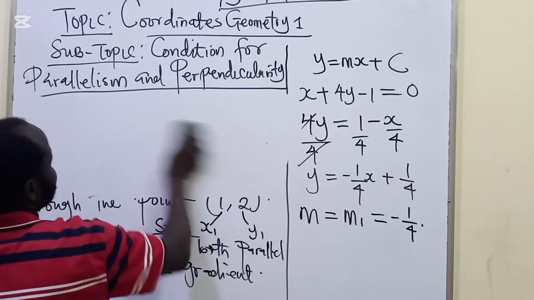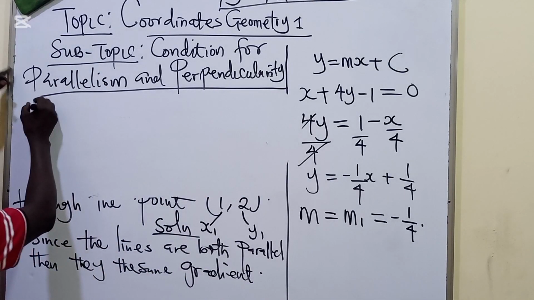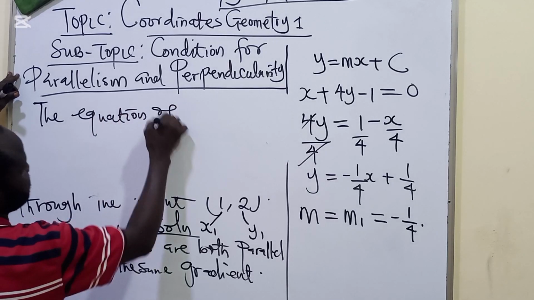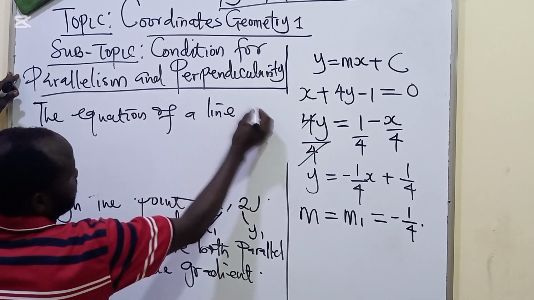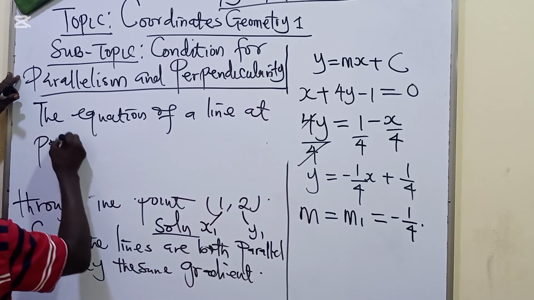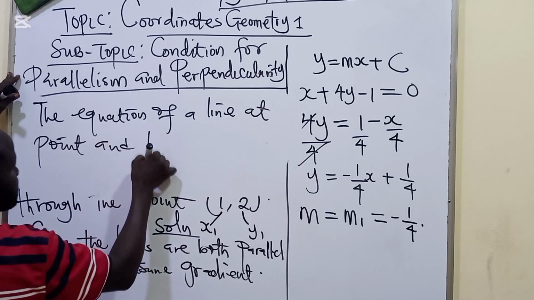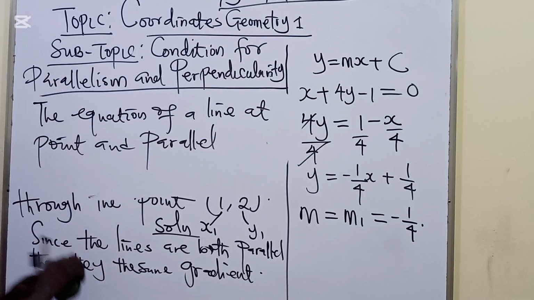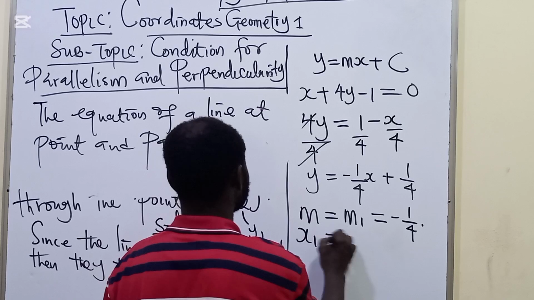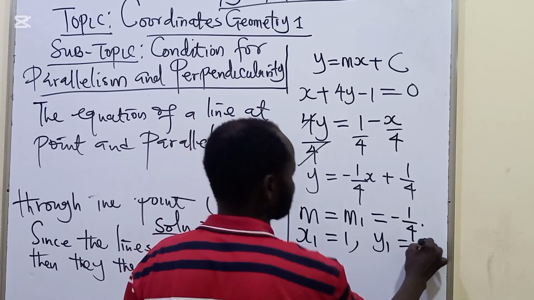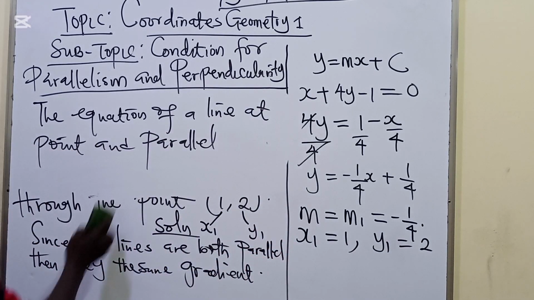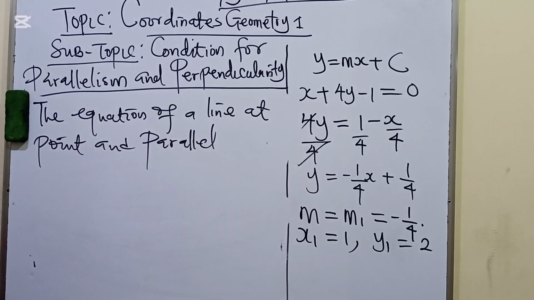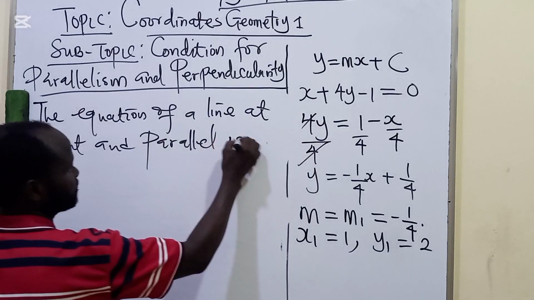Very important. The equation of a line at a point and parallel to a given line is given as y minus y1 equals m1 into x minus x1. Let me take x1 here: x1 is 1 from the question, y1 is 2.